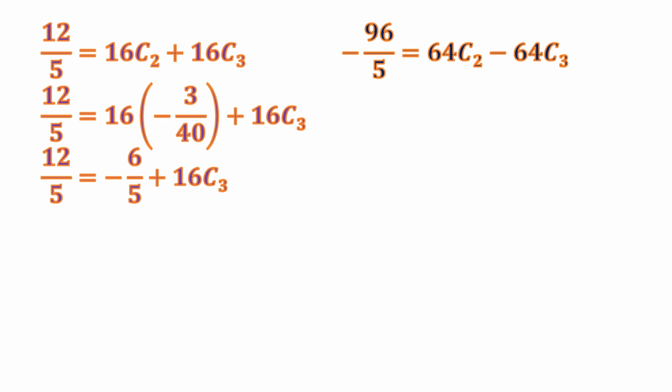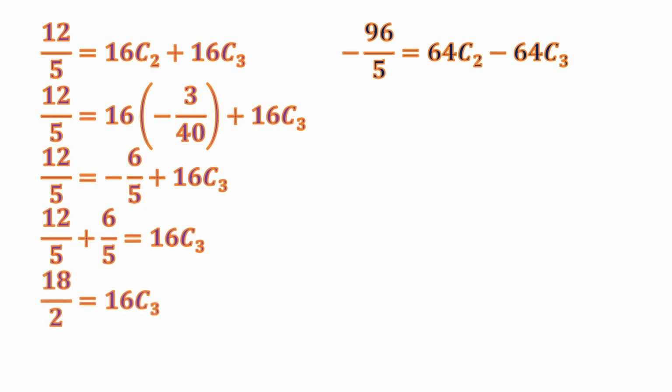You use a calculator to make it accurate. And then transpose negative 6 fifths and then combine. So it will be 18 halves equals 16C3. Then divide both by 16. It will result to C3 equals 9 over 40. And it must be C3 equals 9 over 40 for the blue one.